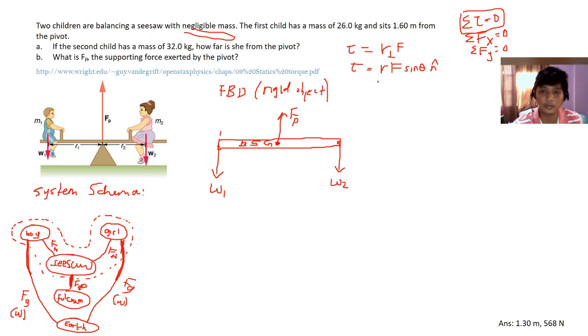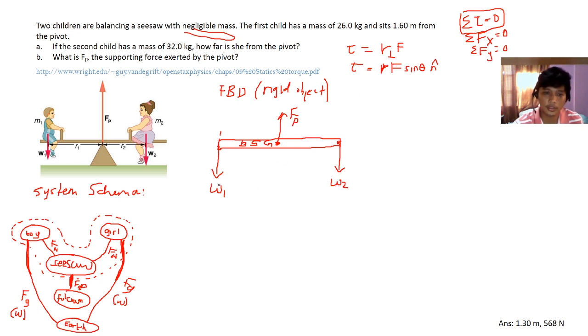Or you can also do the matrix. So all these four formulas involve R, either the angular position or the moment arm, and F. So in order to define the torques that are acting in this system, we need to define the R's for each force.